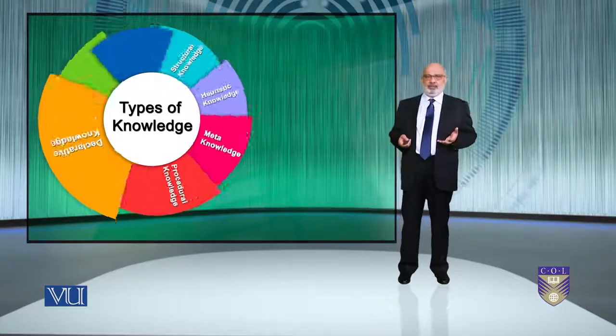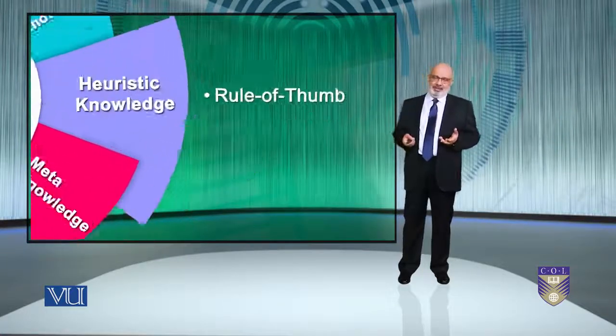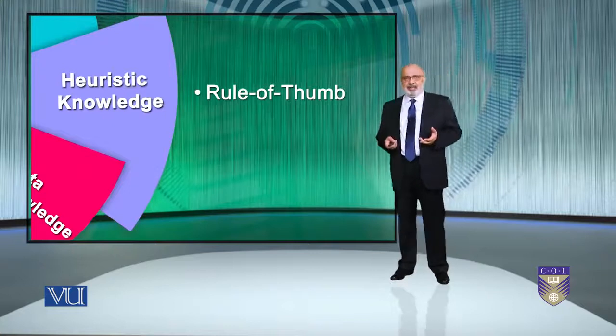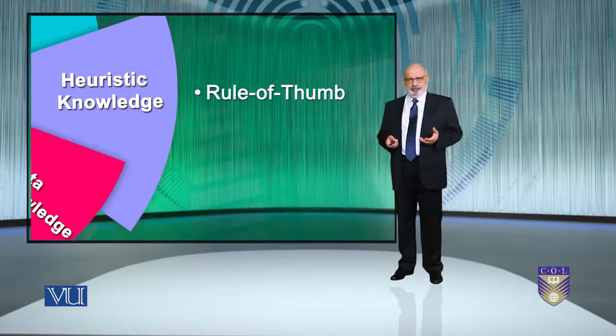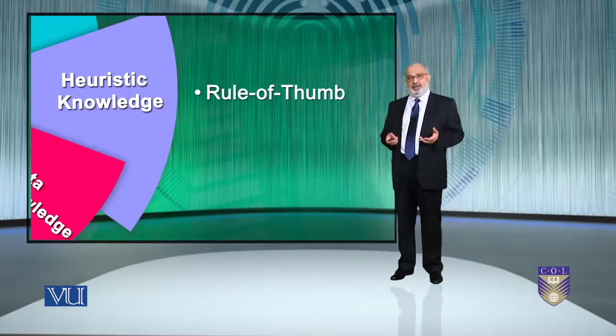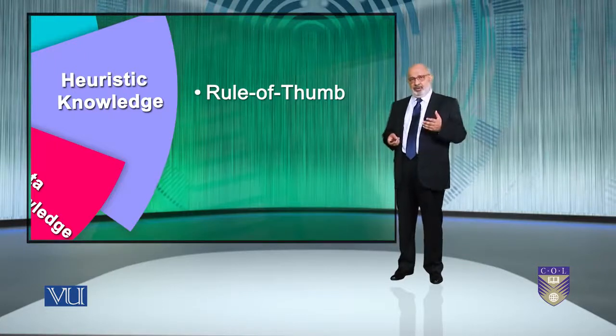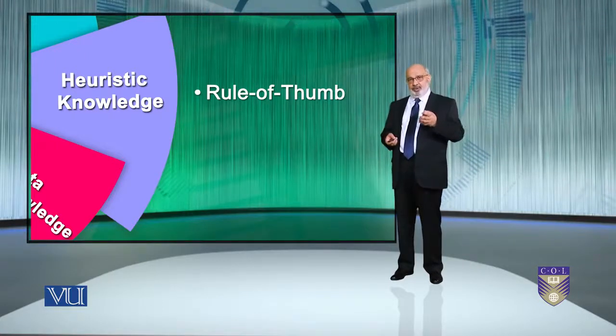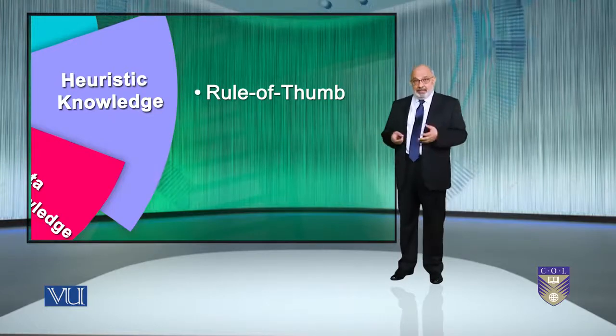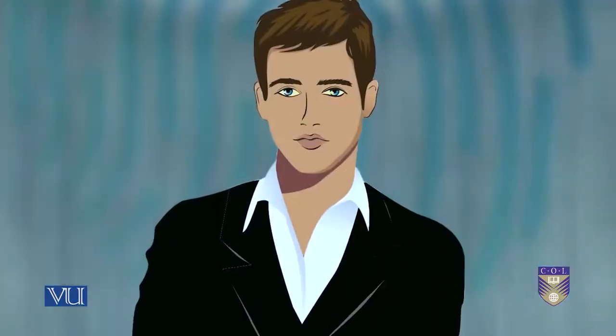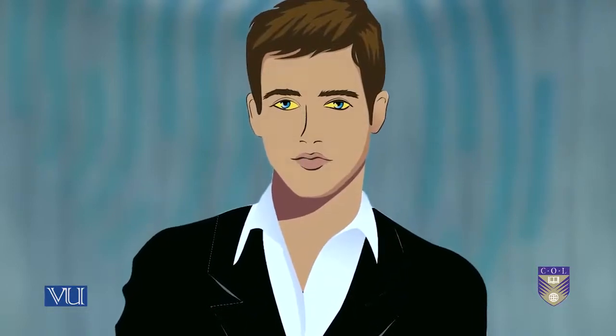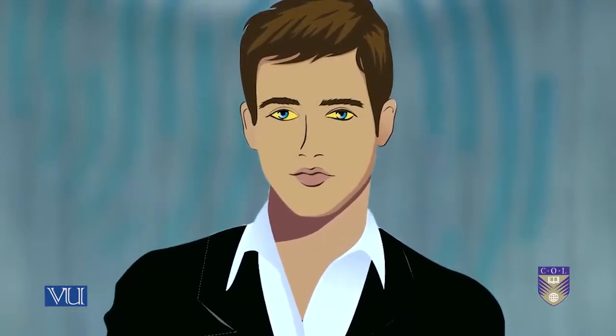Another type of knowledge is heuristic knowledge. I think I've used this quite a bit during my previous lectures, and maybe you'll hear this again as well. A heuristic is a rule of thumb that people evolve over time, and some of the most common ones, in particular in the medical domain, are like: if the eyes are yellow and the skin appears pale, then suspect jaundice.